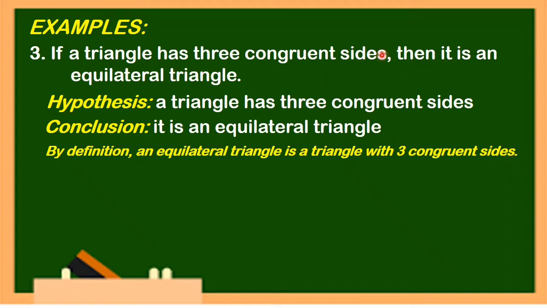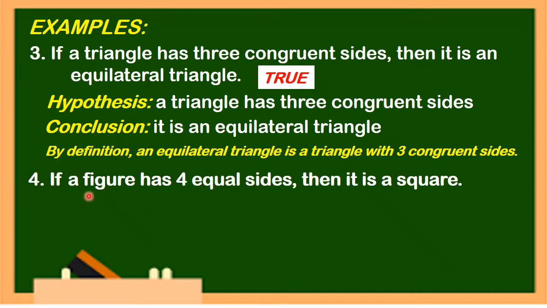These statements satisfy the definition of an equilateral triangle. So therefore, this statement is a conditional statement. That's if a triangle has 3 congruent sides, when we say congruent, equal sides, then it is an equilateral triangle. Therefore, this statement is true.